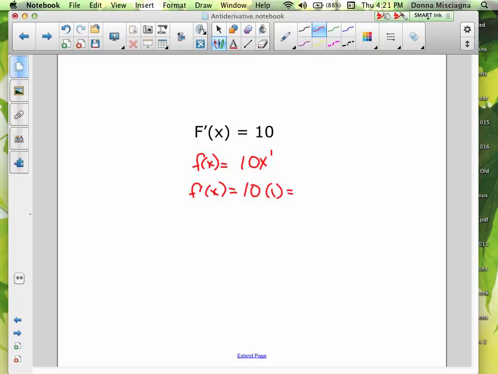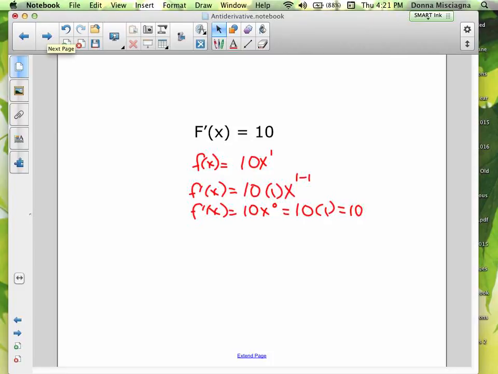And we would reduce the exponent by 1, if we're thinking about the steps in the power rule. So that would give us 10 times x to the 0, which is 10 times 1, which is 10. Right? Anything to the 0 power is 1. Okay? So this was a power rule, and the function that has 10 as its derivative is 10x.